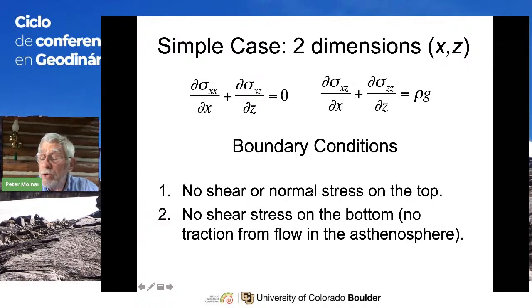And there's no normal stress. The weight of the atmosphere doesn't matter. And we make the same assumption on the bottom. This is a more restrictive assumption, but still sensible. There's no traction from flow in the asthenosphere on the bottom. So we're just looking at a layer with no shear stress, no normal stress on the top, and a layer at the bottom, again, that is free of tractions.